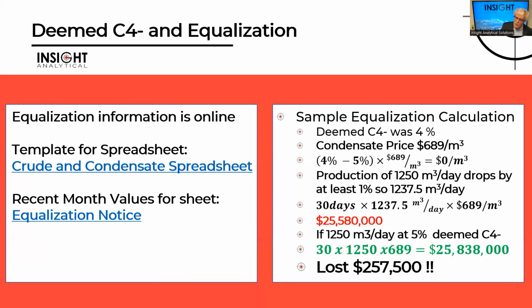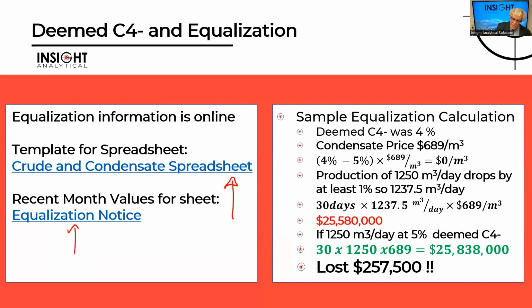And so you'll get a copy of all these slides, and these will be active hyperlinks in the slides, the things in blue. There's a website that is run for Alberta for the crude and condensate calculations for how you calculate what your penalties or credits should be. So there's a link to that spreadsheet, and every month they update what the value of condensate is and some of the other parameters.